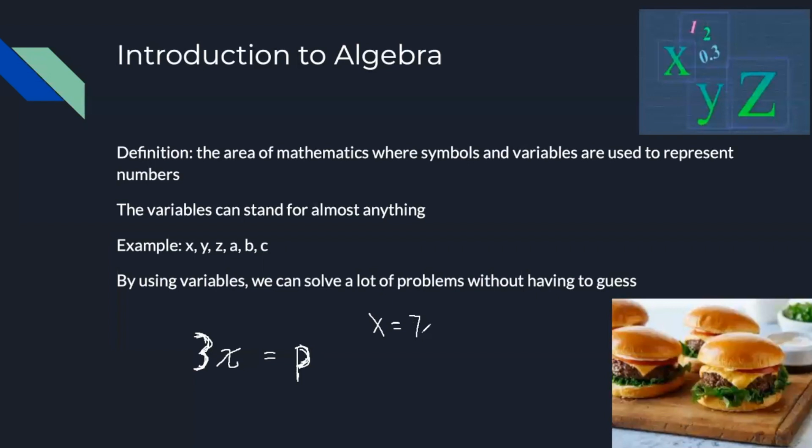Okay, good. So let's say, what if I make x equals 7? So what would be the total price of all the hamburgers? So let's set, we buy 7 hamburgers and each hamburger costs $3. So what should the price be in this case?